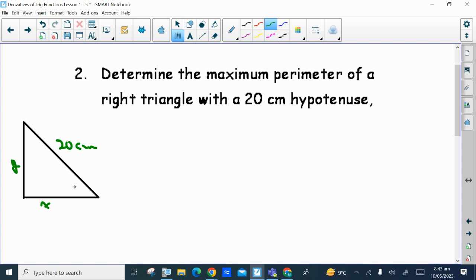And here's how we can do that. If we let this angle at the bottom be theta, then we can write an expression for the sine of theta. That will be opposite over hypotenuse, y over 20. So y will equal 20 sine theta.